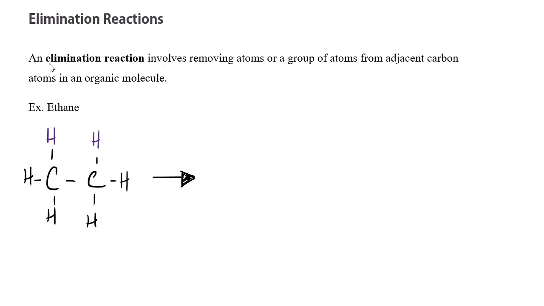What does this look like on paper? We can tell it's an elimination reaction because we're removing atoms. We're starting with one reactant, and that reactant is saturated. So the only reaction that we can do here is an elimination reaction. And like we talked about, these hydrogens here are going to leave.